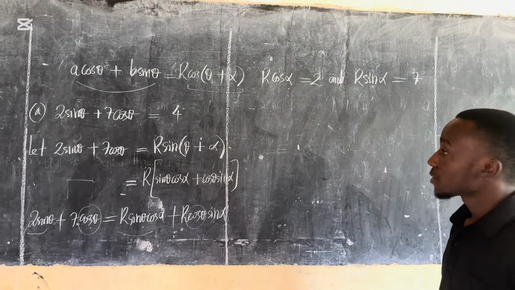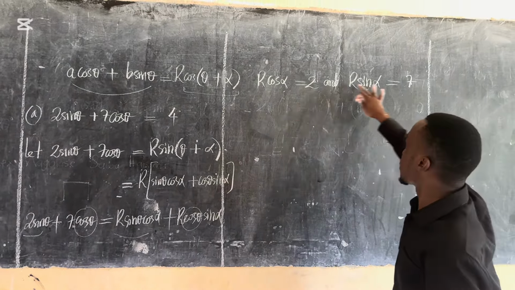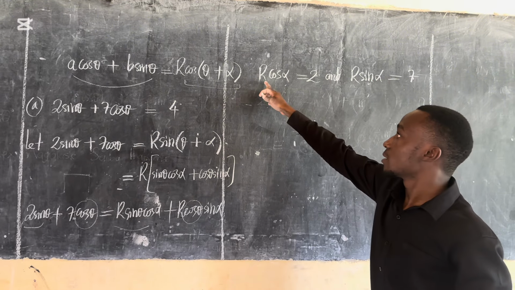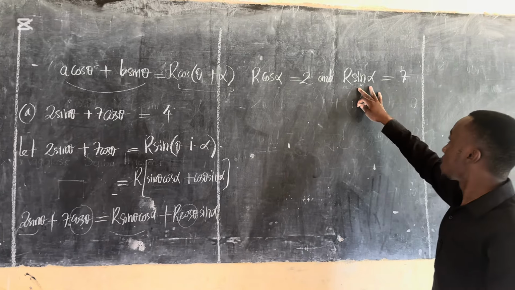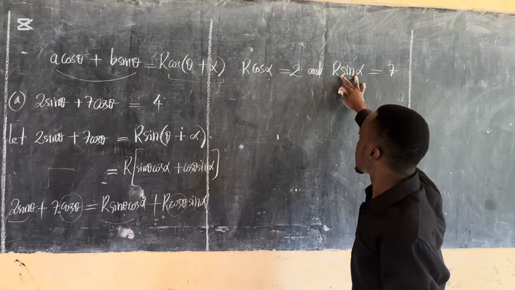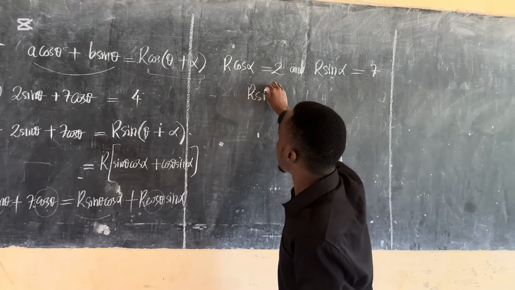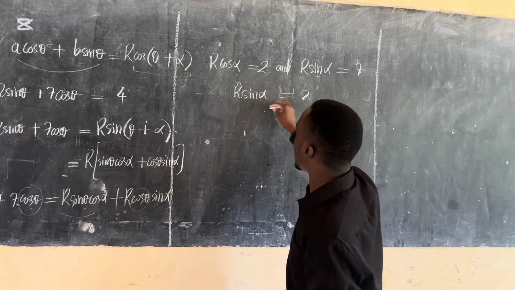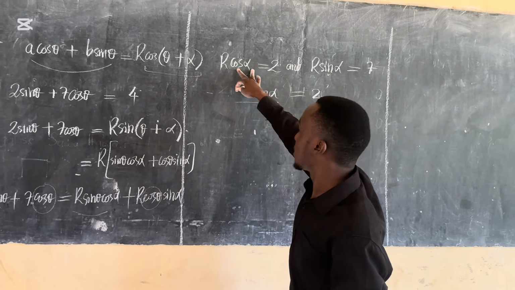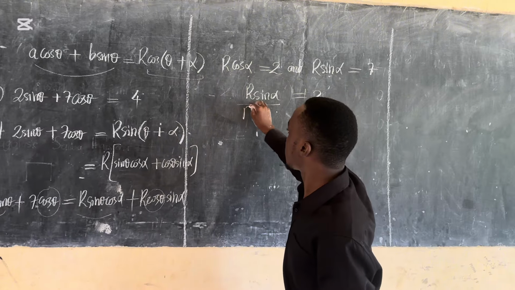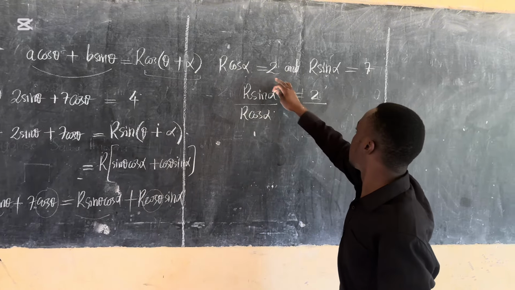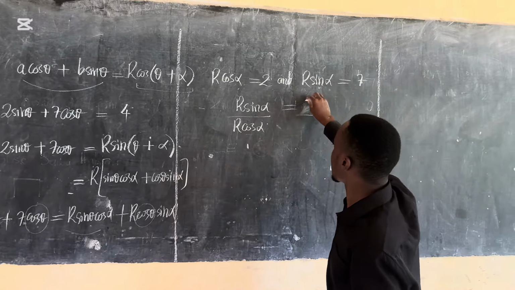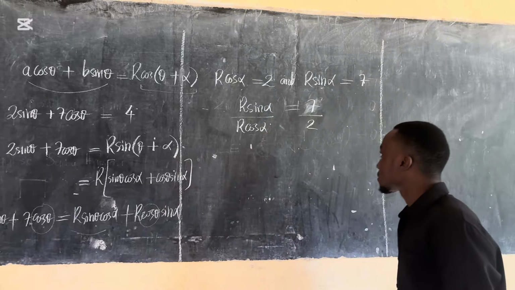So after this, our target is to solve these two equations for the two unknowns, the R and the angle alpha. The first step, I can use this one equal to 2, and by this I divide by this equation. I divide this equation by this one. So I get R sine alpha here, and this is the 7 and the 2 here.